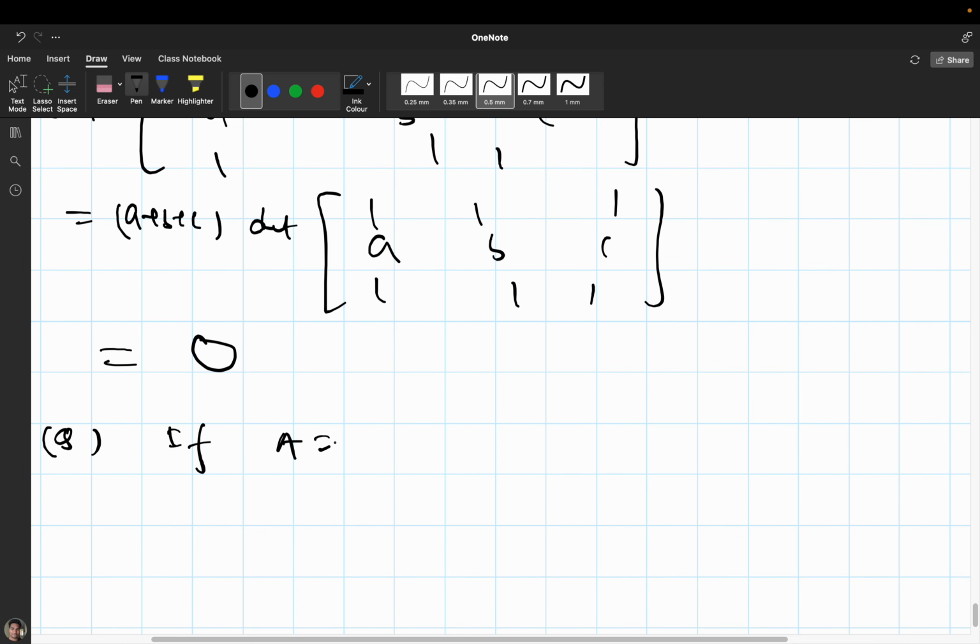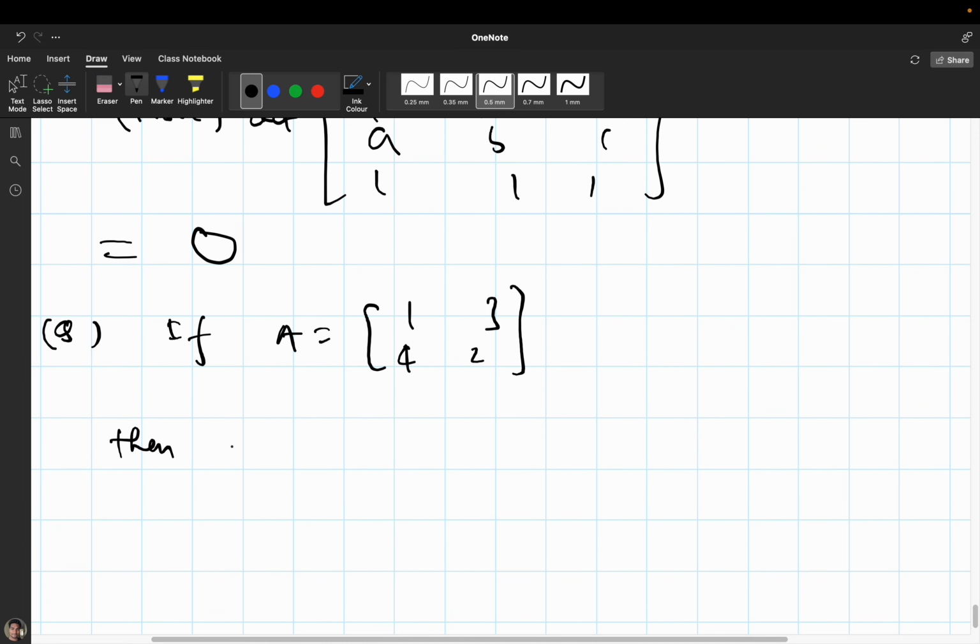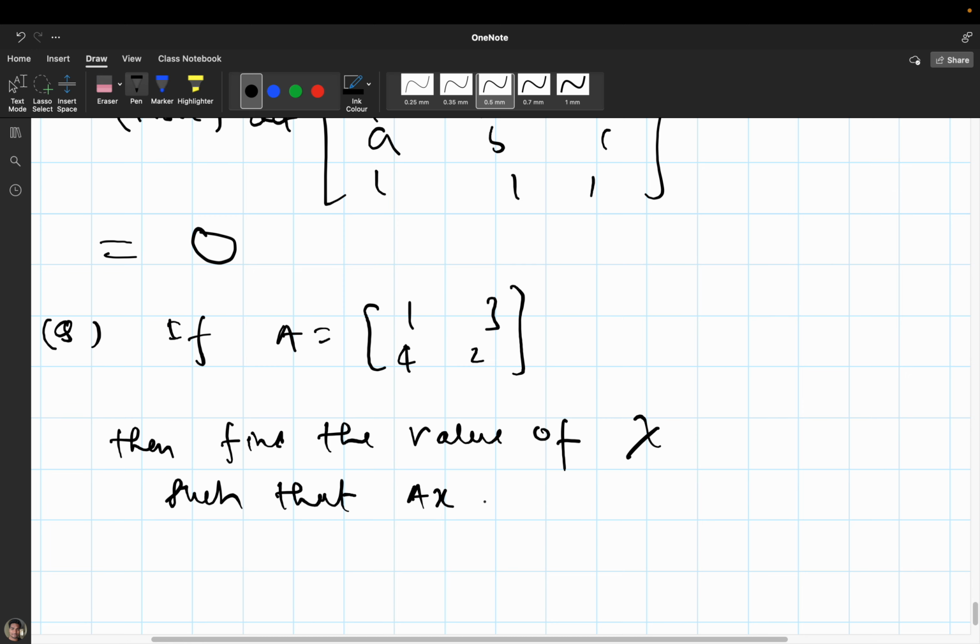If A equal to 1 3 4 2, then find the value of lambda such that Ax equal to lambda x has a non-trivial solution.